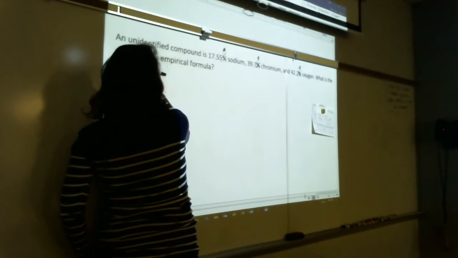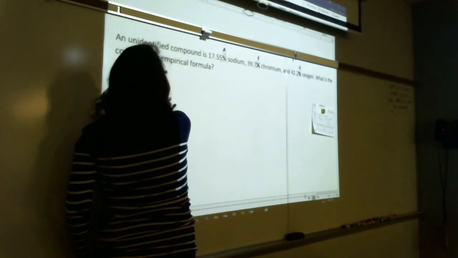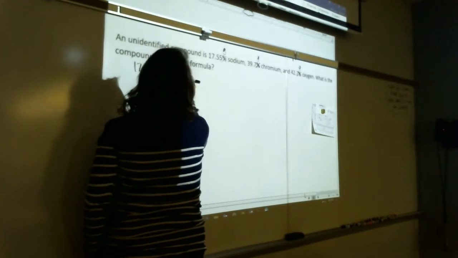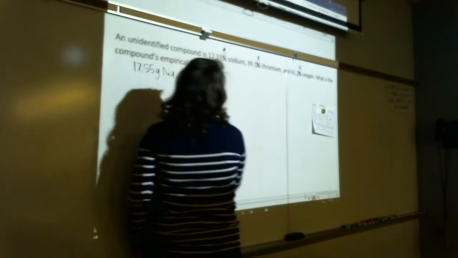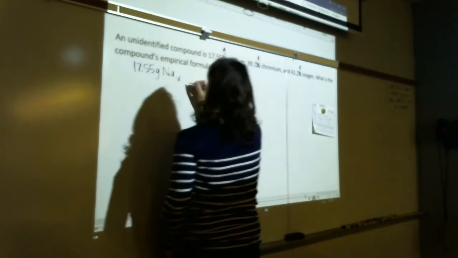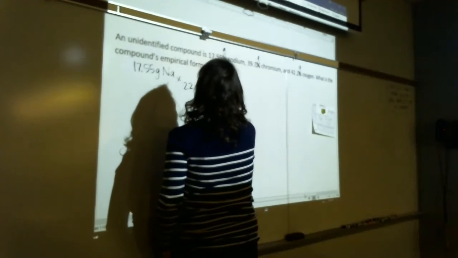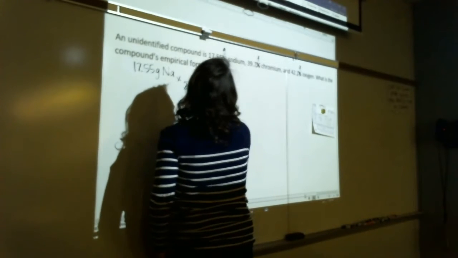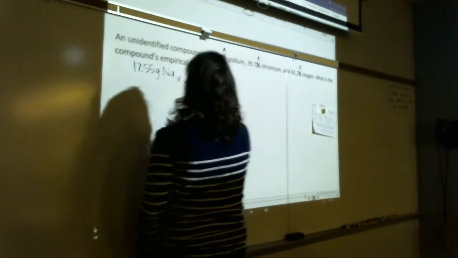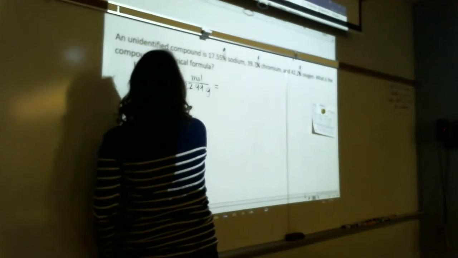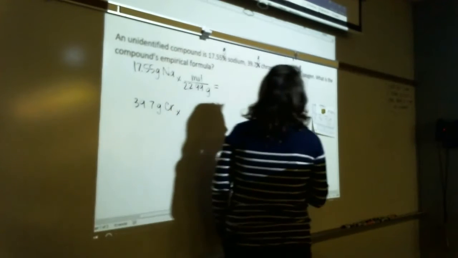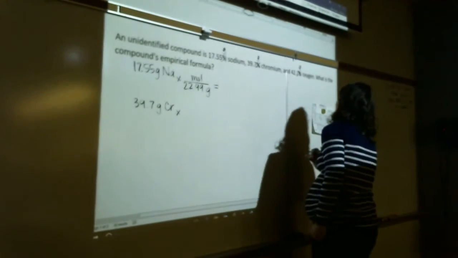So now we're going to convert grams to moles for everybody. So 17.55 grams Na times, sodium is 22.99 grams per mole. And now let's do chromium. 39.7 grams chromium, and its molar mass is 51.996.